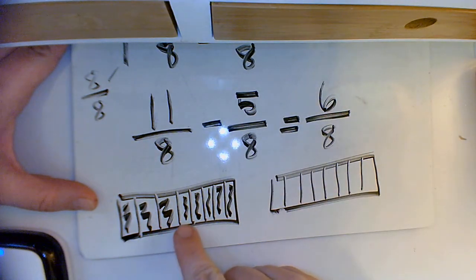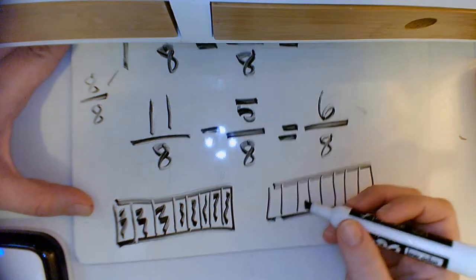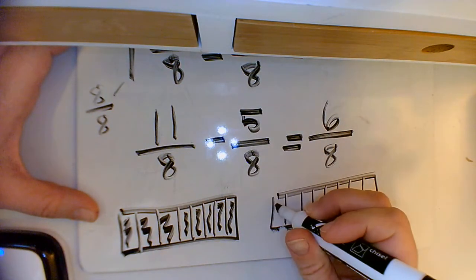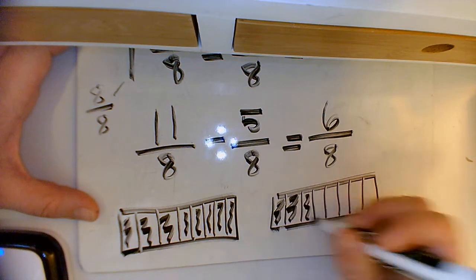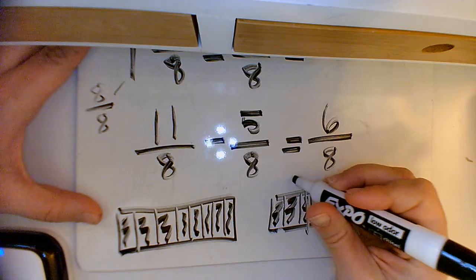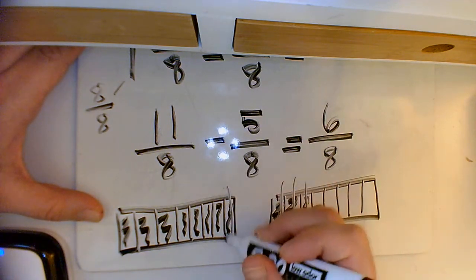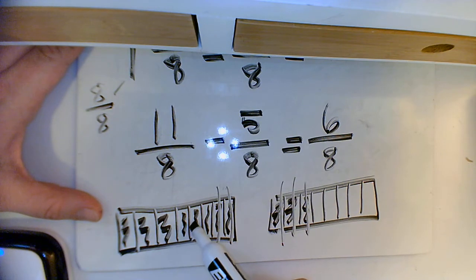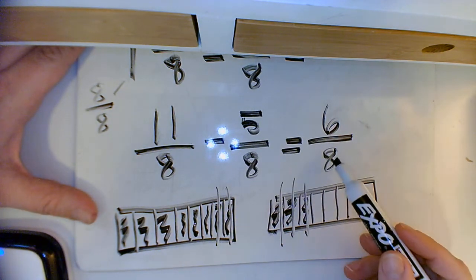Oops, 1, 2, 3, 4, 5, 6, 7. Oh yeah, 8s. We had 1 and 3/8. So I've got my 1 whole and 3/8. And we subtracted 5. So we're going to cross out 1, 2, 3, 4, 5. And that left us with 1, 2, 3, 4, 5, 6 8s. 6/8.